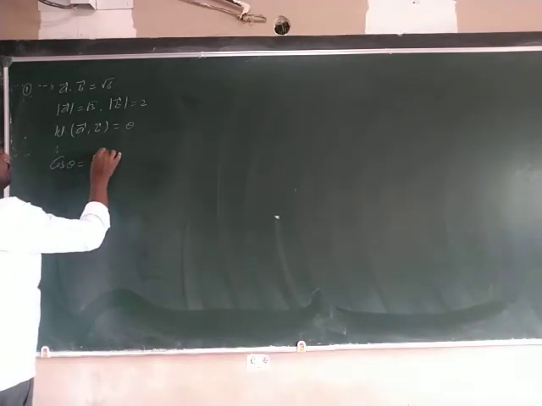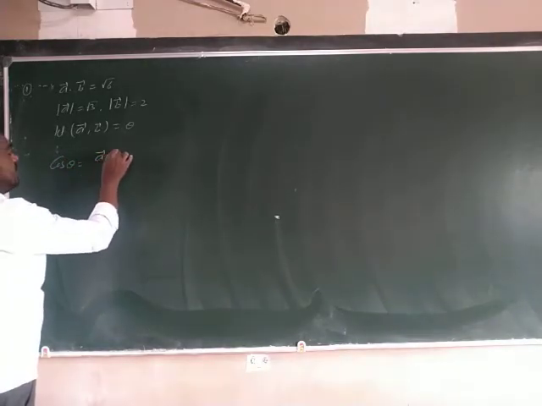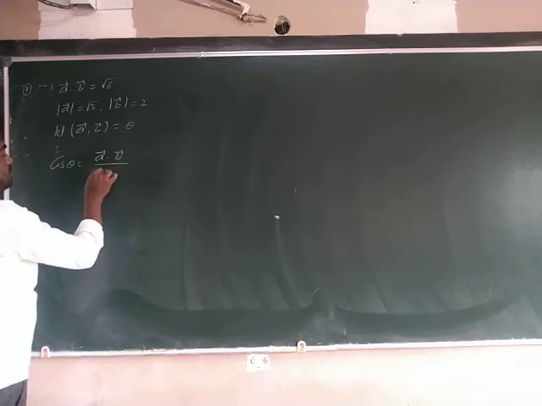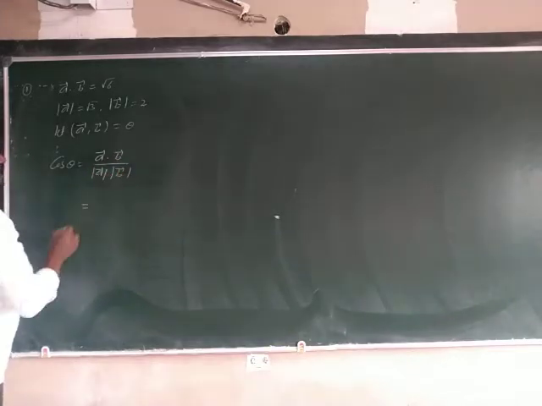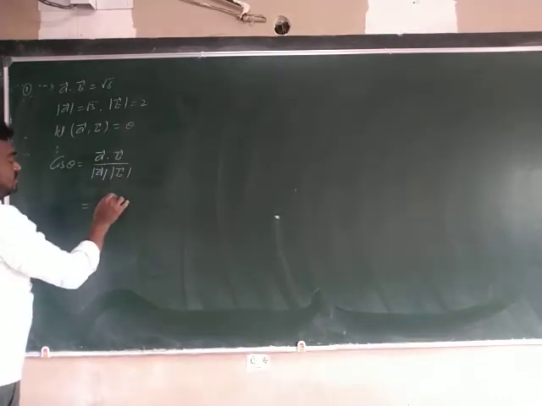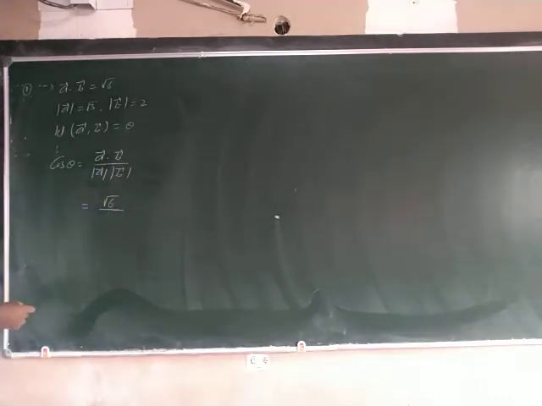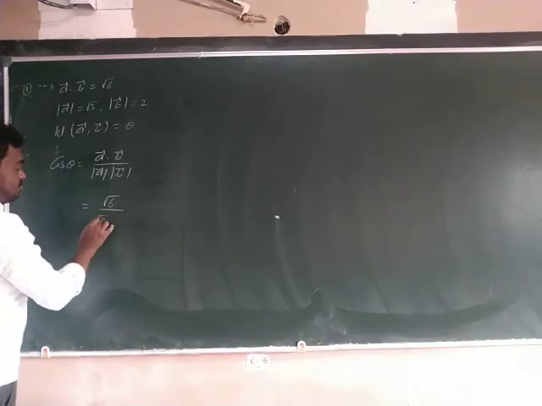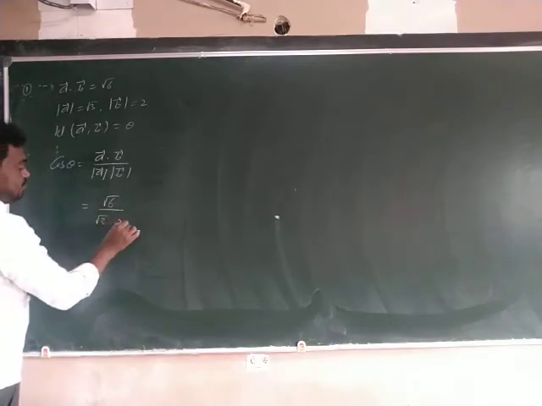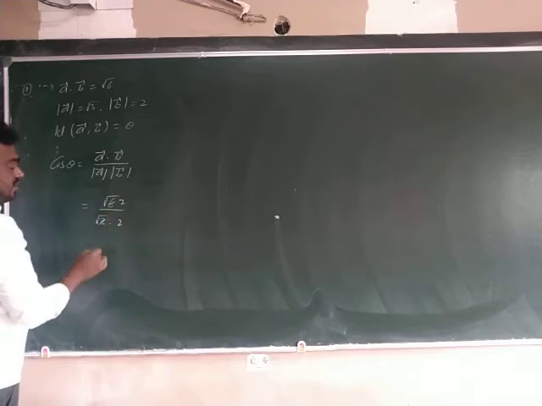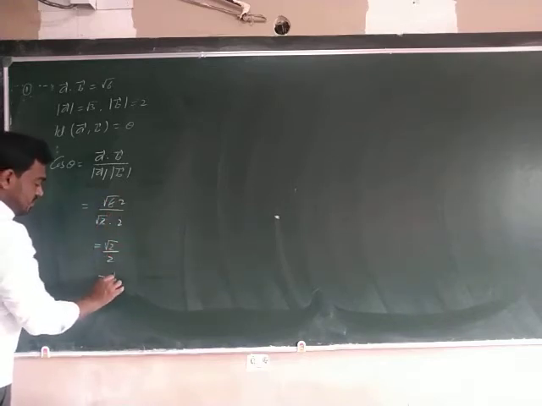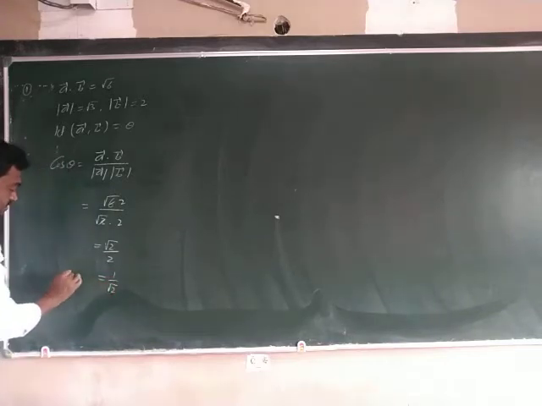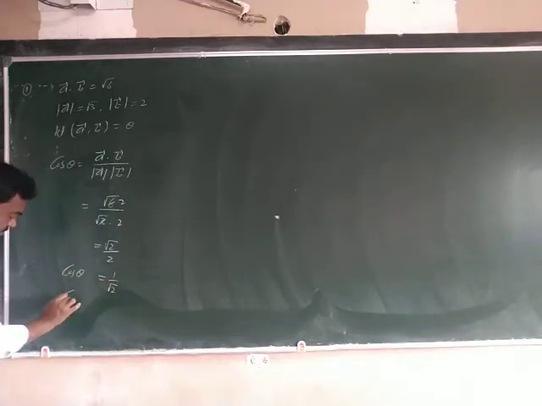Then cos theta is equal to vector A dot vector B by magnitude of vector A into magnitude of vector B. A dot B is root 6, magnitude of A is root 3, magnitude of B is 2. Root 3 into root 2 gives root 6, so this is root 6 by root 3 times 2, which is root 2 by 2, equal to 1 by root 2.